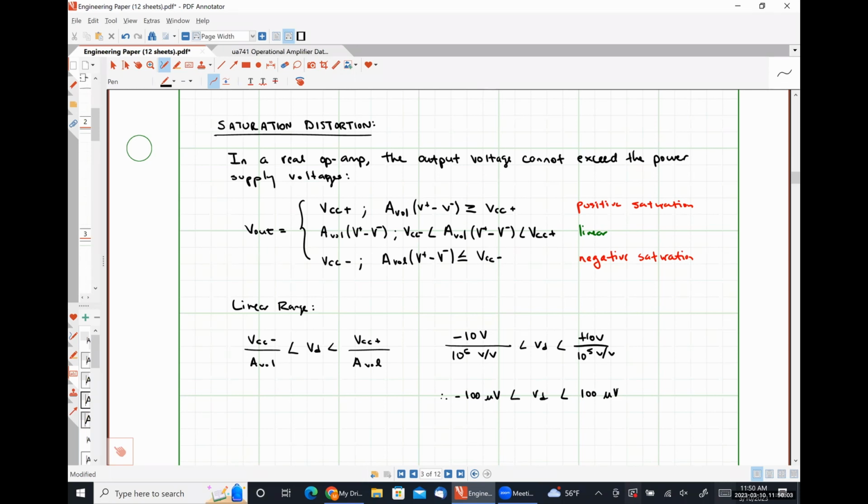I would be willing to bet there's hundreds of millions of them that have been sold, okay? So we're going to talk about how we make this device, which seems pretty flawed, work for us in open loop configurations, positive feedback configurations, and negative feedback configurations.